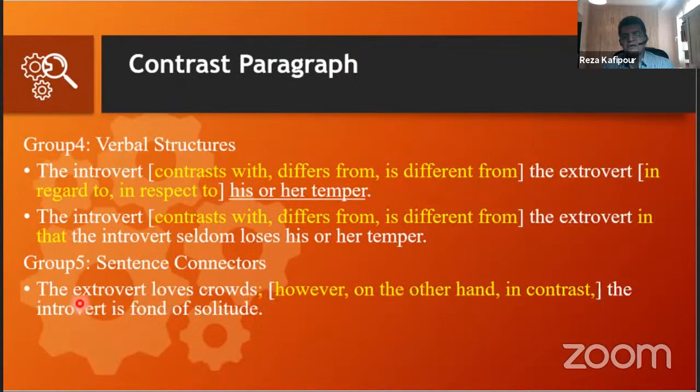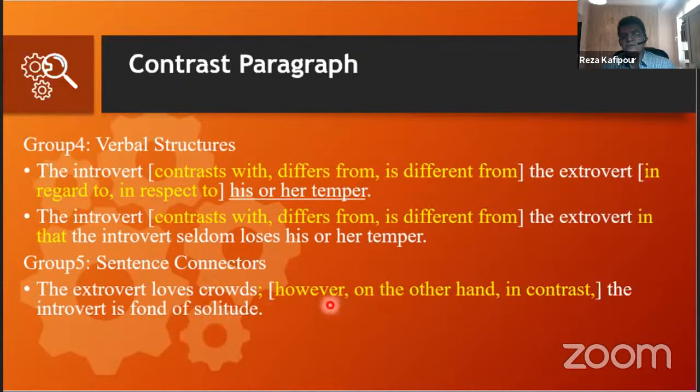For example, we may say, the extrovert loves crowd; however, the introvert is fond of solitude. Pay attention to the punctuation: semicolon, however, comma. So one sentence provides information about the extrovert, and the second sentence provides, let's say, opposite information about the introvert. Loves crowd, fond of solitude. They are against each other and they are the basis of contrast.